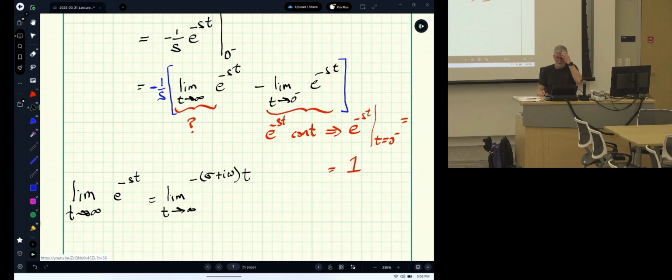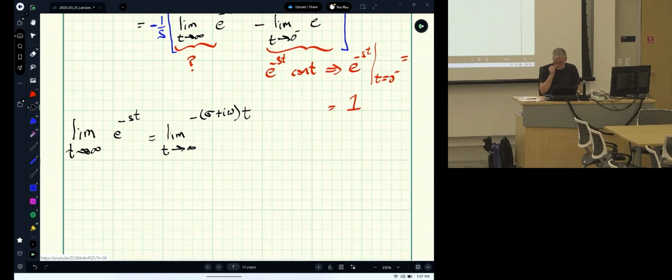That's the Laplace variable. It has a real part and an imaginary part. Oh, where's my exponential? E. Okay. I'm getting too excited that I'm leaving out things now.